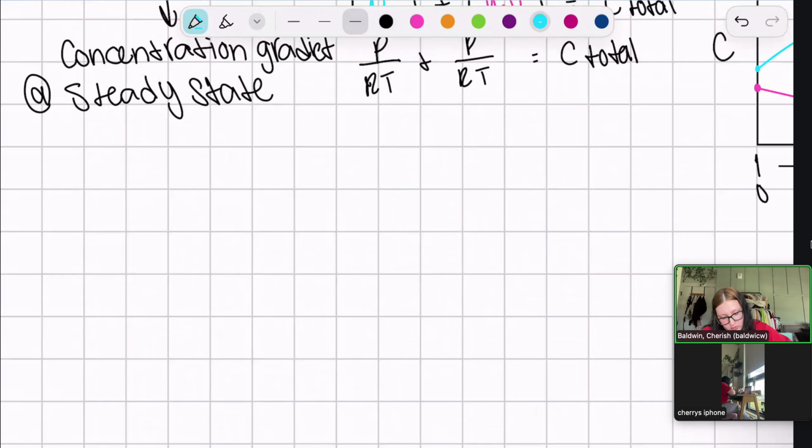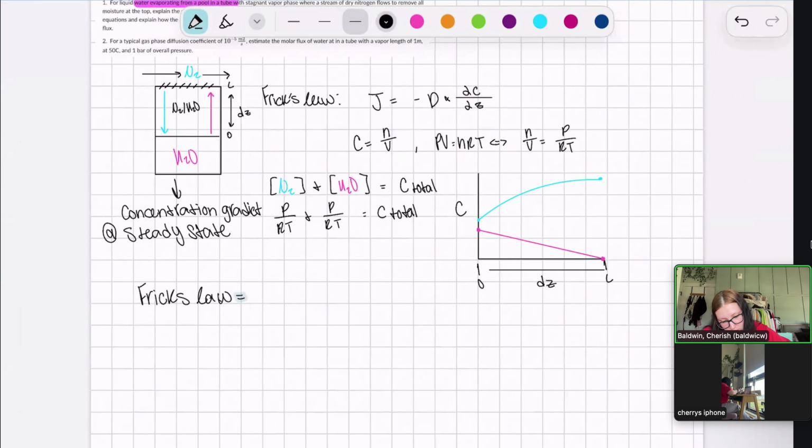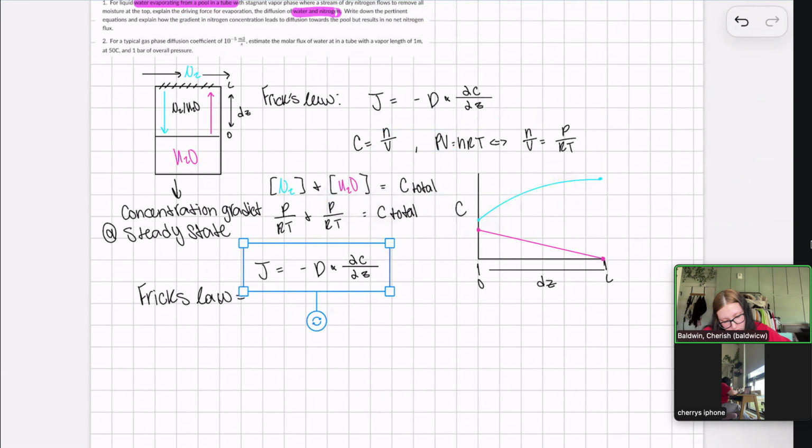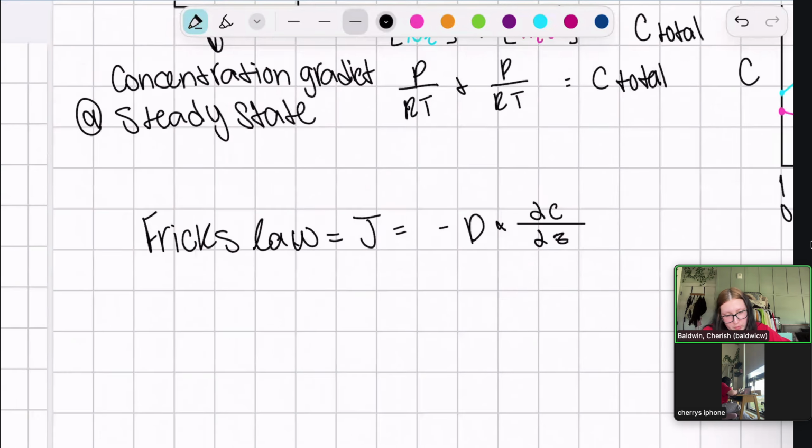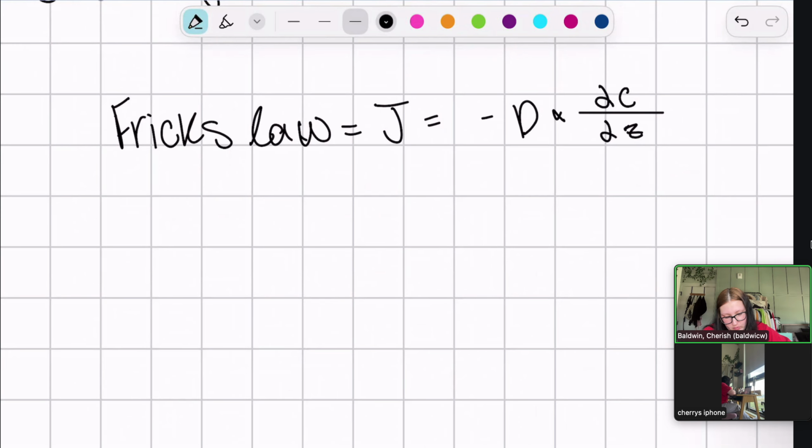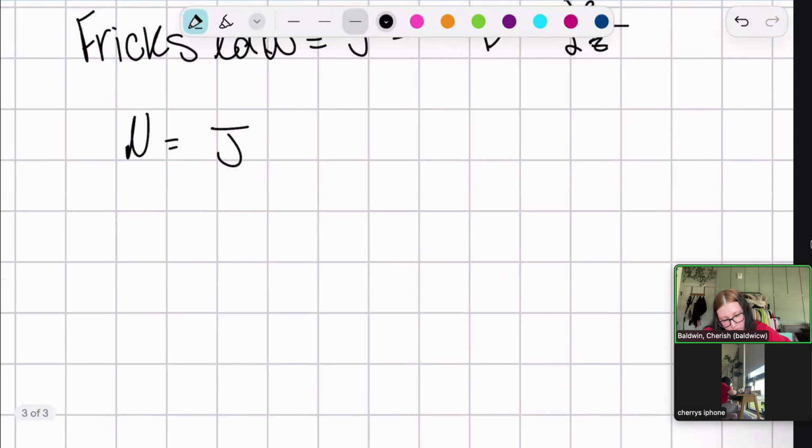And we think about this as Fick's law. Let's rewrite Fick's law. We can model it as N is equal to the flux plus the mole fraction times the total moles.